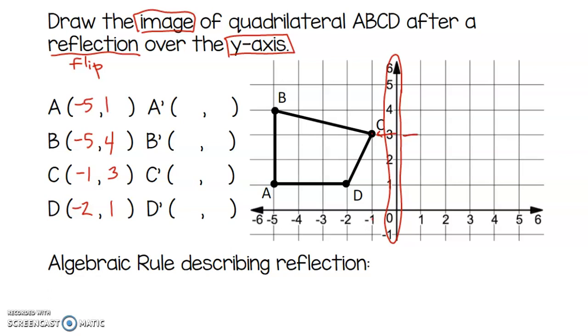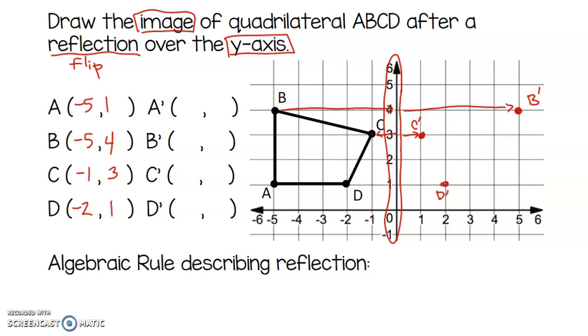So C is 1 away, so C prime would have to be right there, right? B has to go over 5, so this one has to go over 5 as well to give me B prime, right? So you're just matching the distance. D is 2 away, so it has to be 2 away.